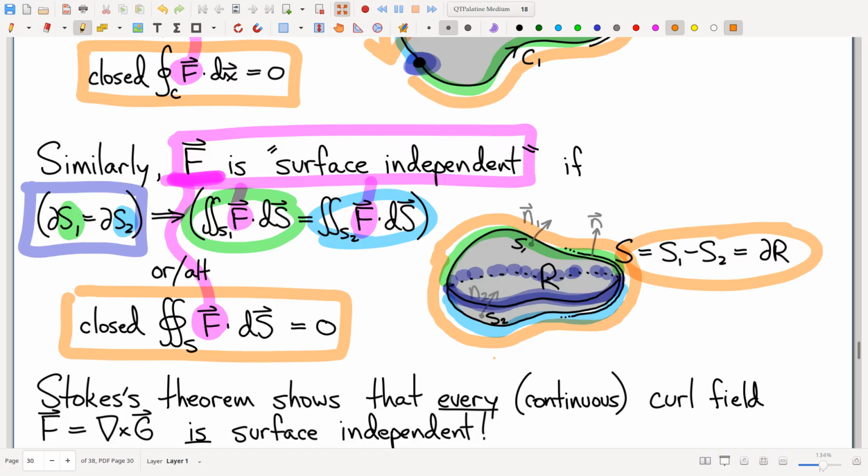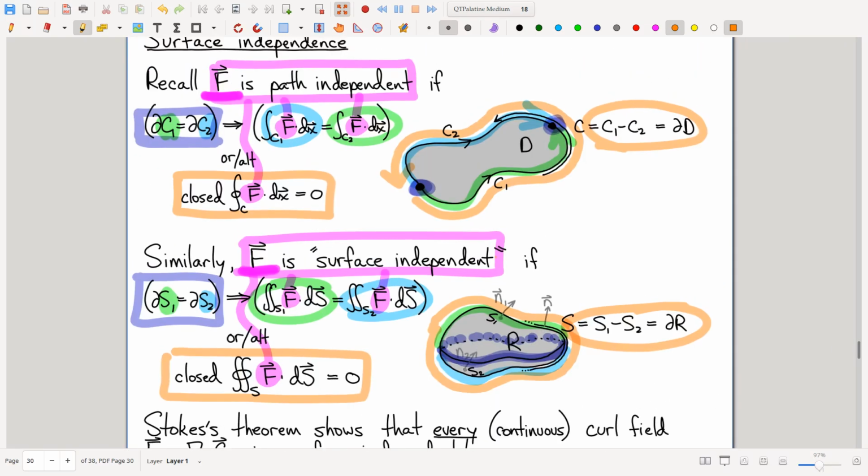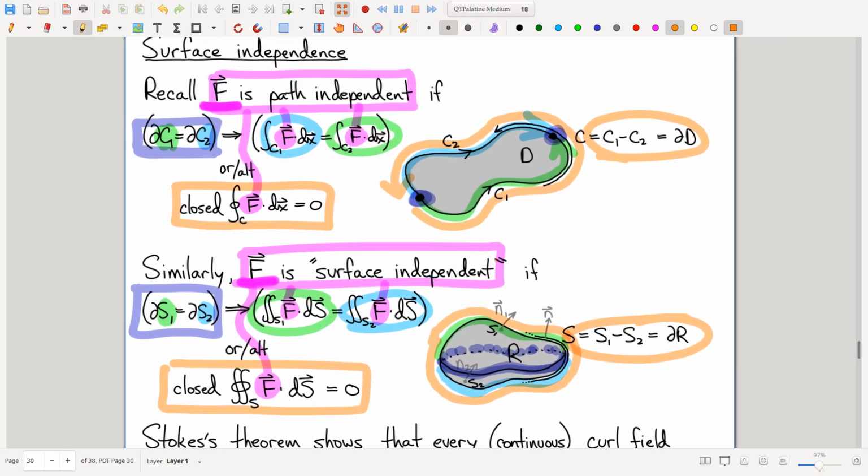So now, again, the analogy is super strong. I think the colors do a great job here. You look at what we've said about path independence, what we've said about surface independence, and I've color-coded with the goal in mind of emphasizing which players are analogous to which other players in which story. And notice how the colors lay out exactly the same. This is really, really strongly analogous.